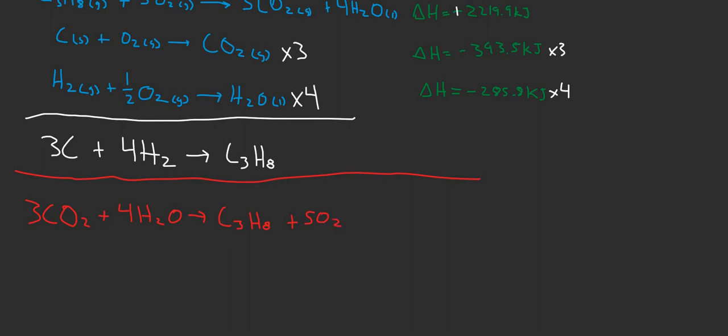And like I said, since we flipped the reaction, our delta H, which was originally negative, will now become positive. So it started out as negative 2,219.9, but since we flipped it, it's now positive.